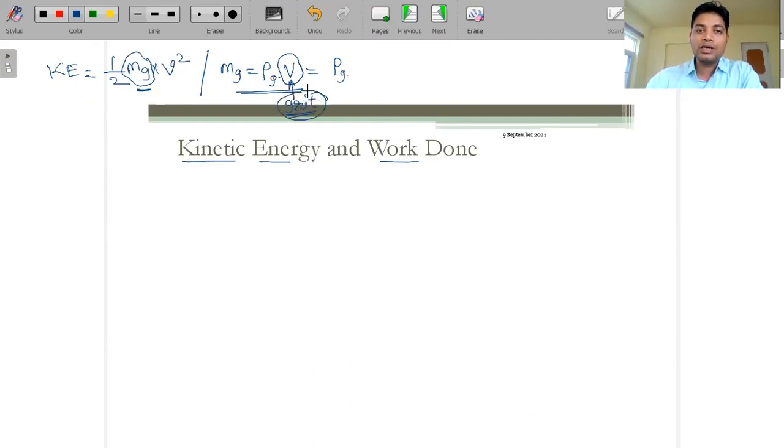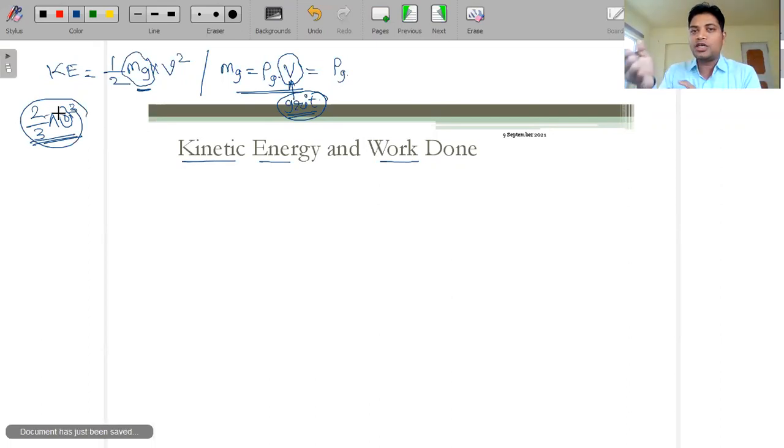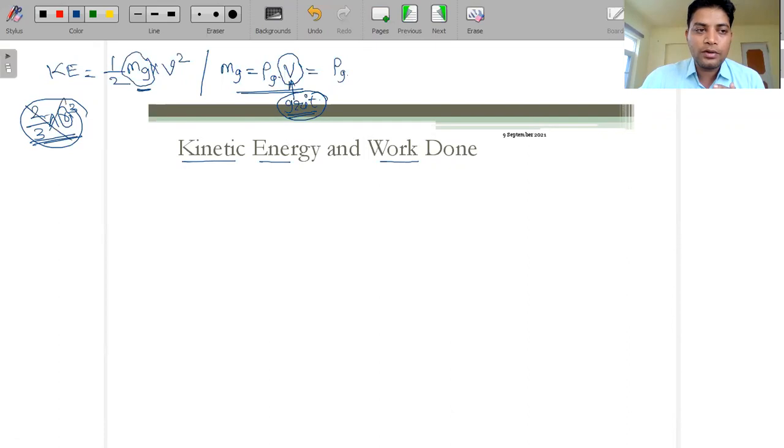Otherwise, if you consider 2 by 3 pi r cube, it can be only for the brittle material. So we cannot apply this kinetic energy to the ductile material. So please keep in mind this volume is not that one. Volume will be for the grid.